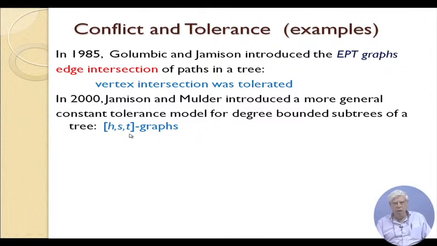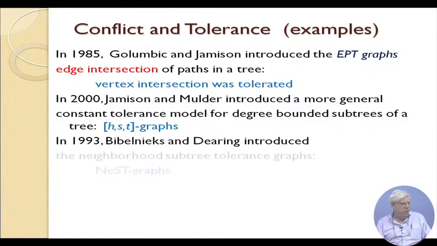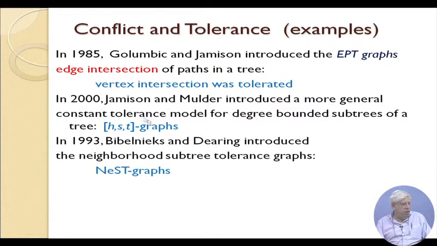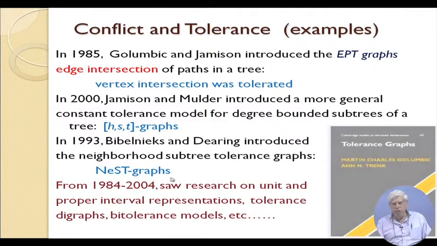How many vertices in common do they have to have in order for you to shout out edge? Similarly, a different model was proposed by Bubelnex and Deering called neighborhood subtree tolerance graphs, or nest graphs. While I won't define them, there is a chapter in the tolerance book on them.